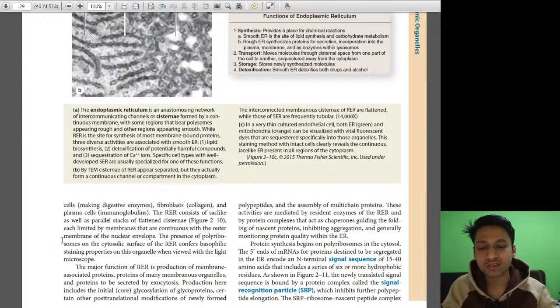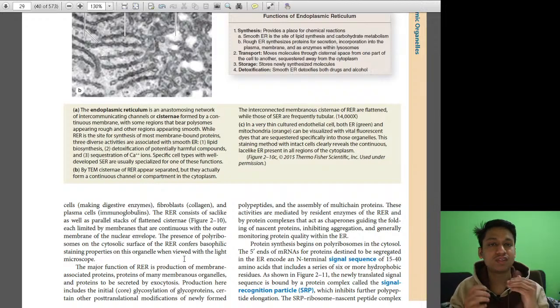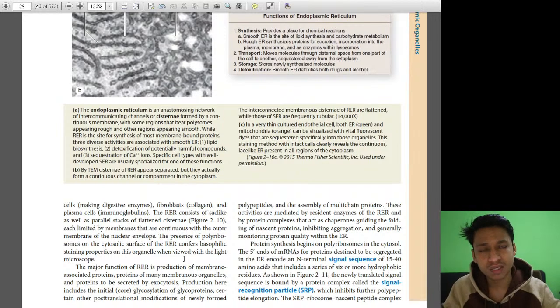The presence of polyribosomes on the cytosolic surface of the rough endoplasmic reticulum confers basophilic staining properties to this organelle when viewed with the light microscope. So we know that ribosomes stain basic, and because ribosomes stain basic, the rough endoplasmic reticulum also appears with the hematoxylin stain, given its basic nature.